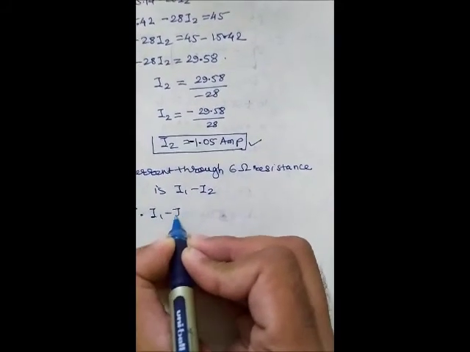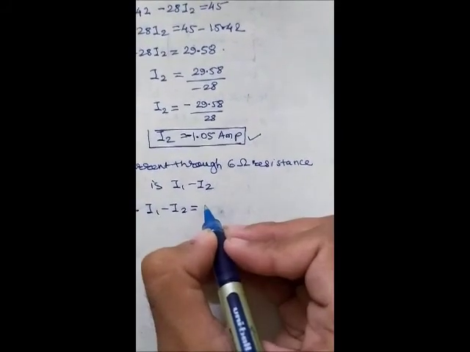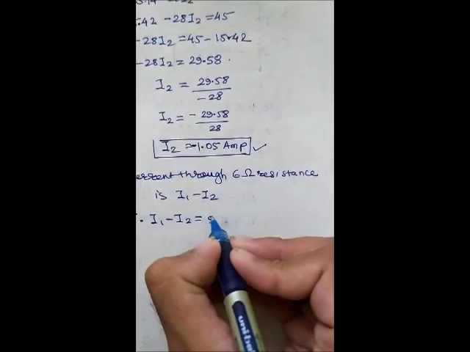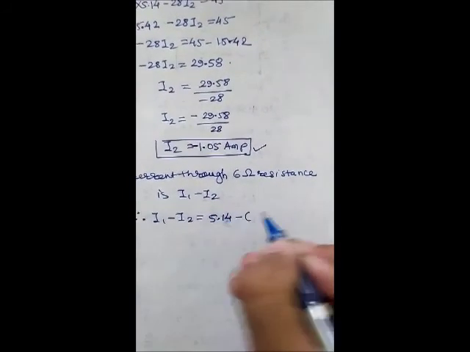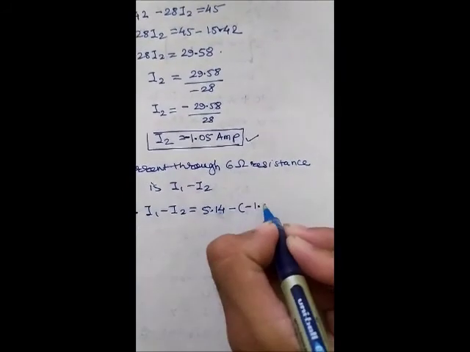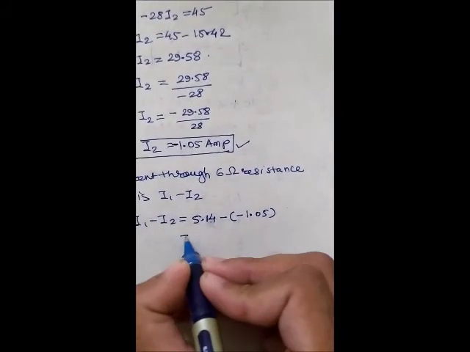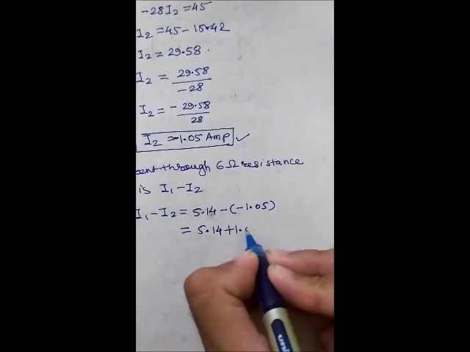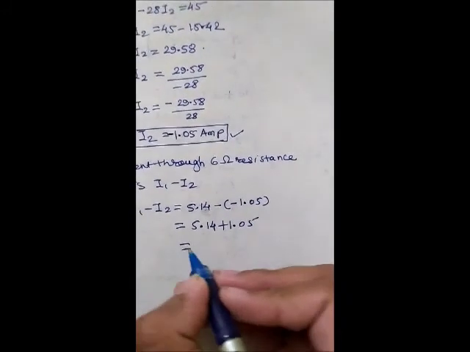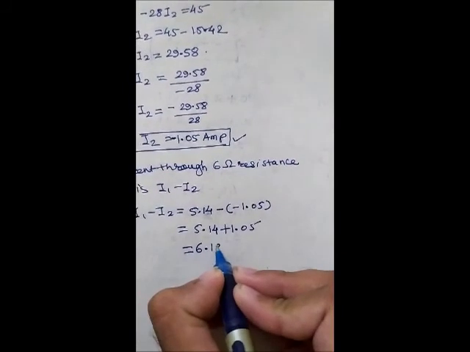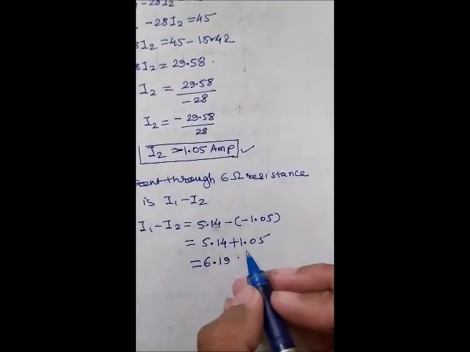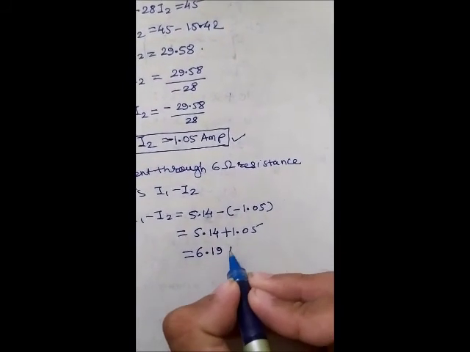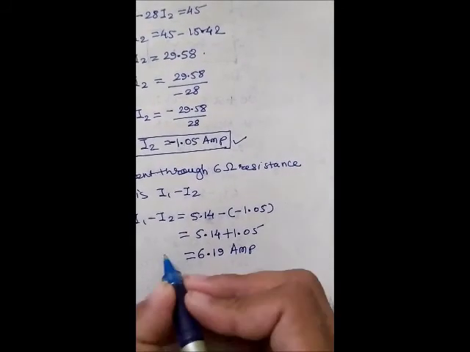Therefore I1 minus I2 is equals to the value of I1, 5.14, minus of I2 is minus 1.05, minus minus plus 1.05, you will get the current as 6.19 ampere.